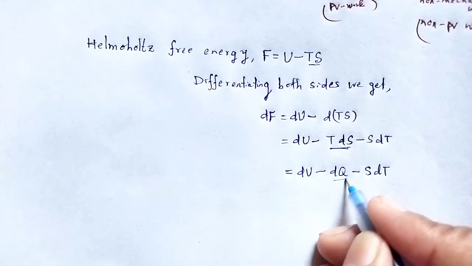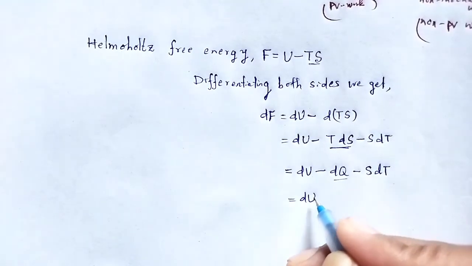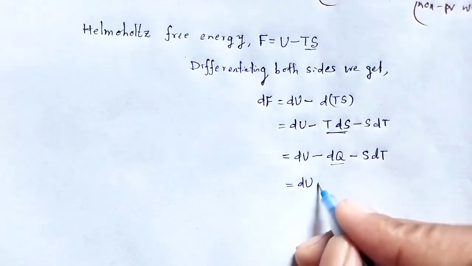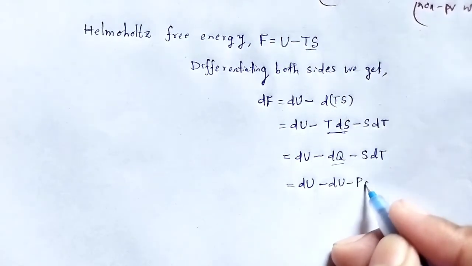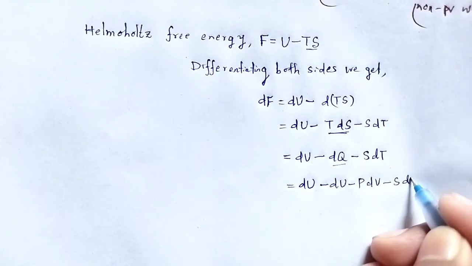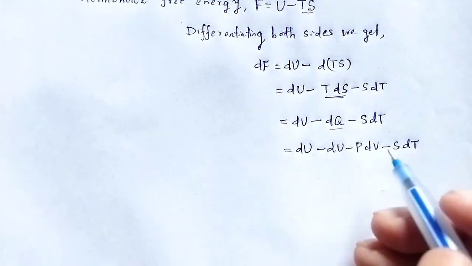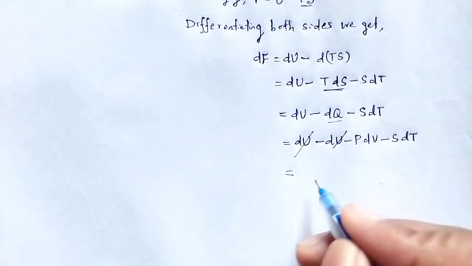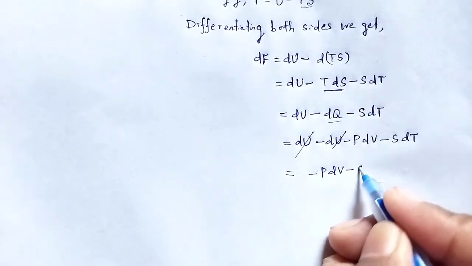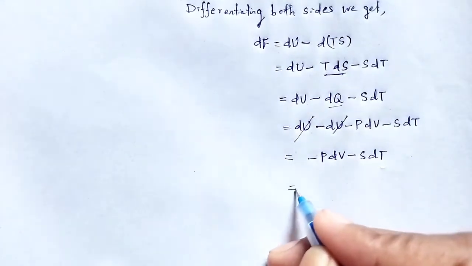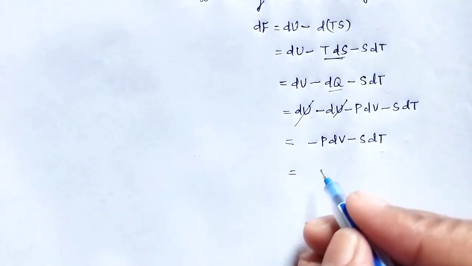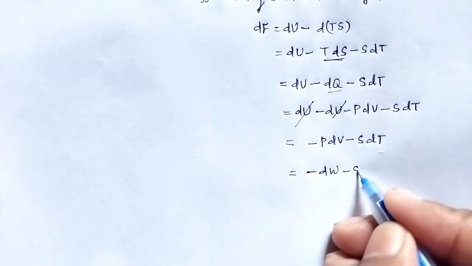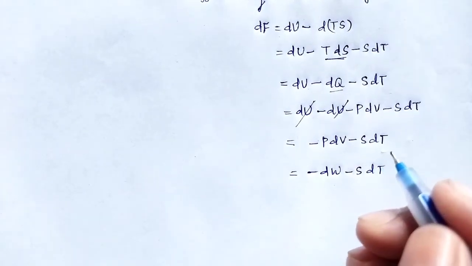Now in place of dq I write dU plus PdV, so minus dU minus PdV minus SdT. dU cancels out, we have minus PdV minus SdT. So in place of PdV we substitute the work done, that is minus dW minus SdT.